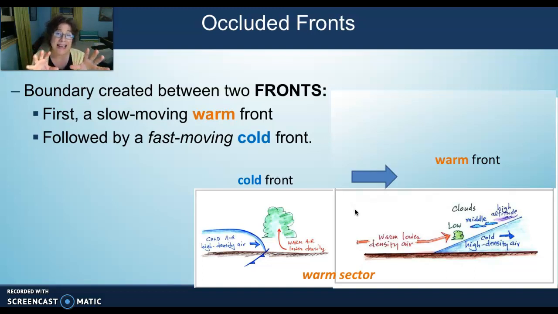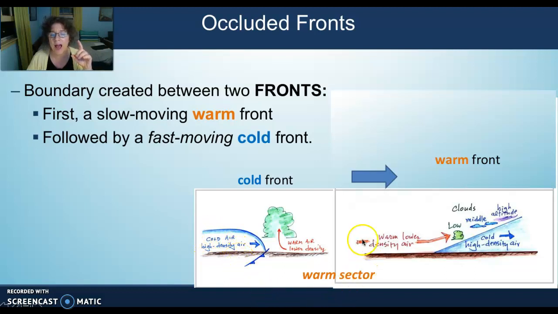What I wanted to say here is that, yes, I have cold air being topped by warm air on the warm front, and I have warm air left over moving on top, and I have a cold front here where I have warm air being kicked up by cold high density air.